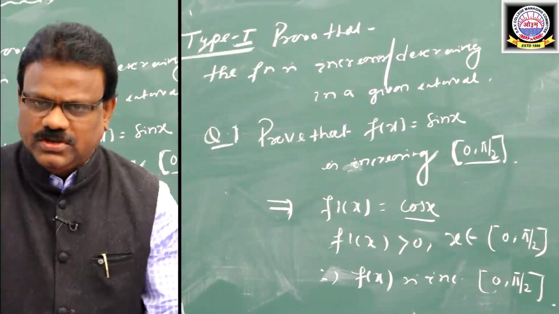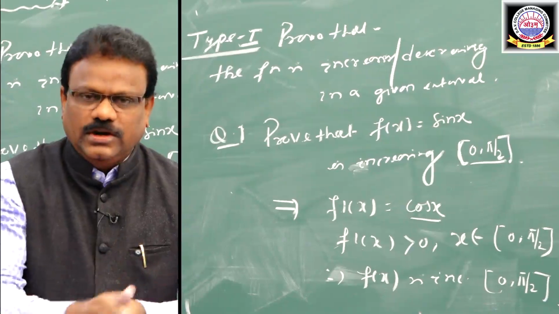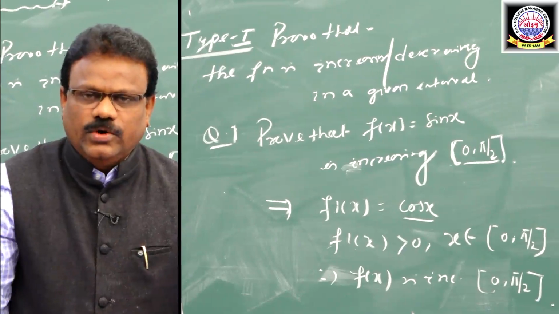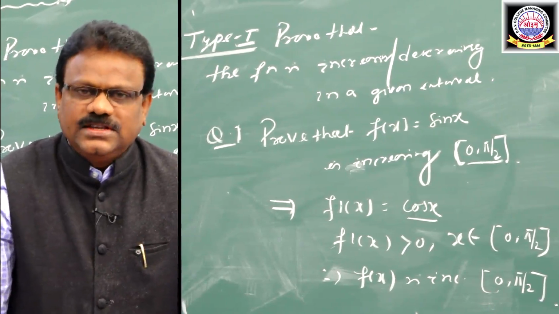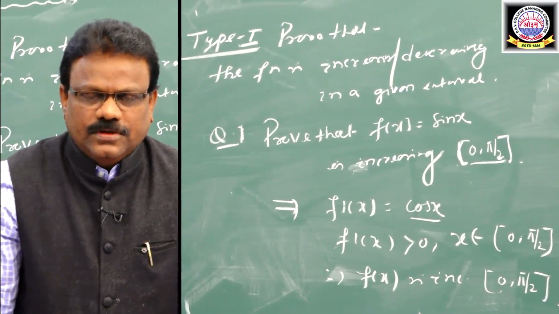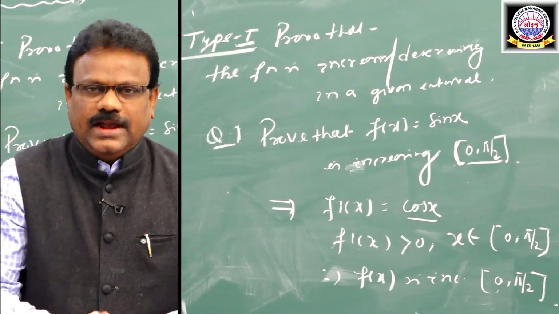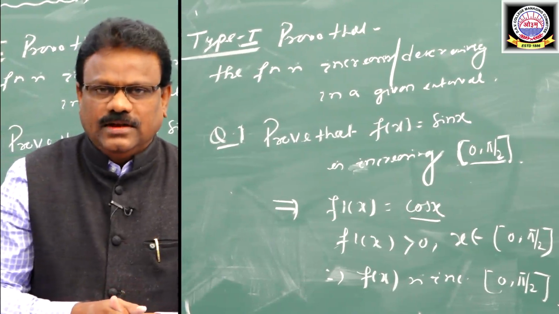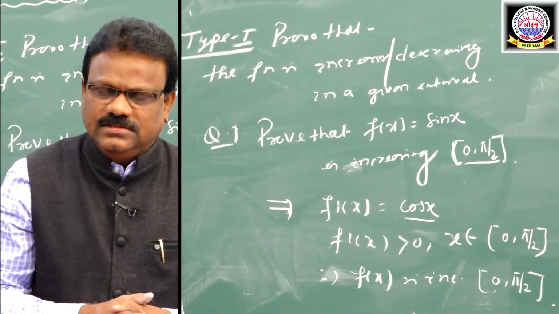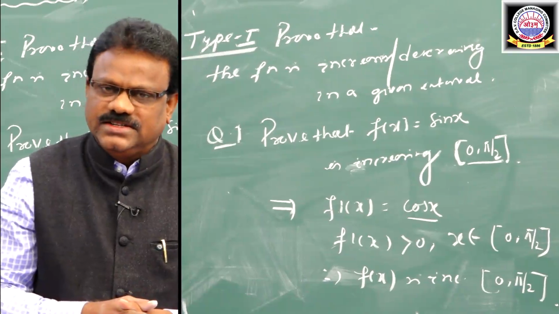Thank you very much students for your patience. Today we have discussed what is an increasing and what is a decreasing function, and we have observed from the graph, and mathematically proved, that if f dash x is greater than 0 in a certain interval, then the function is increasing. If the derivative f dash x is less than 0, it is decreasing.